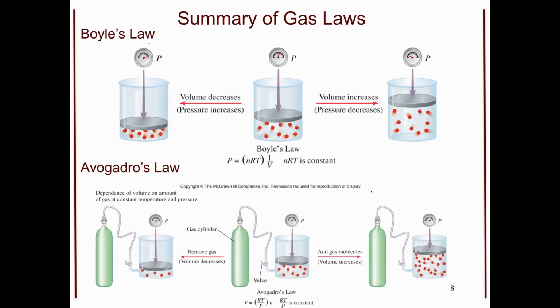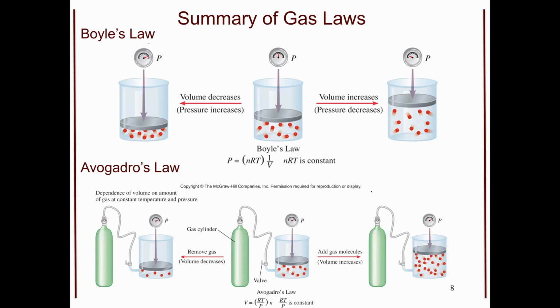Finally, if we look at Avogadro's law, it's best to look at this law as an idea of, if I increase the number of moles, I should expect the pressure to go up, or I must increase the volume, because we need those molecules to have the space that they want.